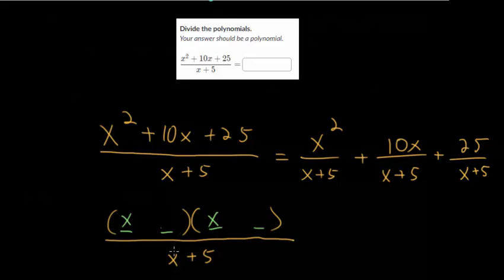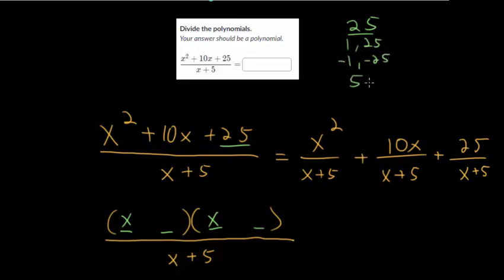Now, to figure out the other terms in these binomials, we know that when we multiply this out using distribution or the FOIL method, these last terms will multiply to give us our constant. So we need to think which numbers can multiply to 25. We can list them out: 1 and 25, or they can both be negative.